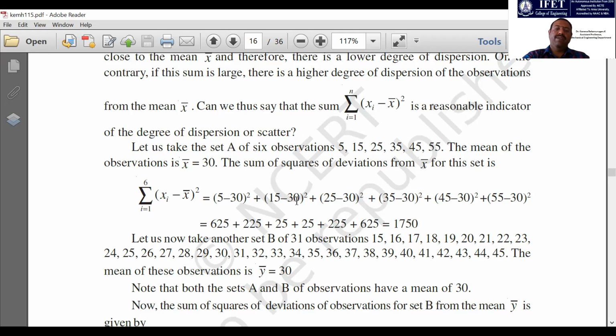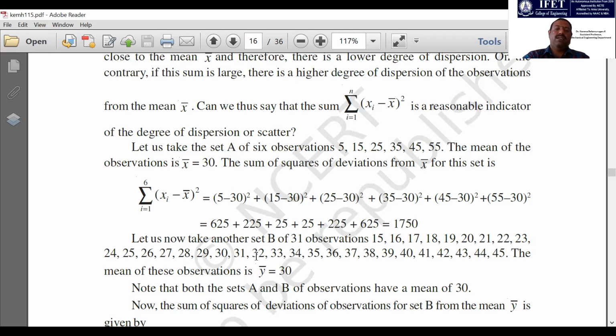Previously in the mean deviation, we never did this square. We just took the absolute value of the deviations, added all the deviations, and divided by the number of observations, and we came up with the mean deviation value.